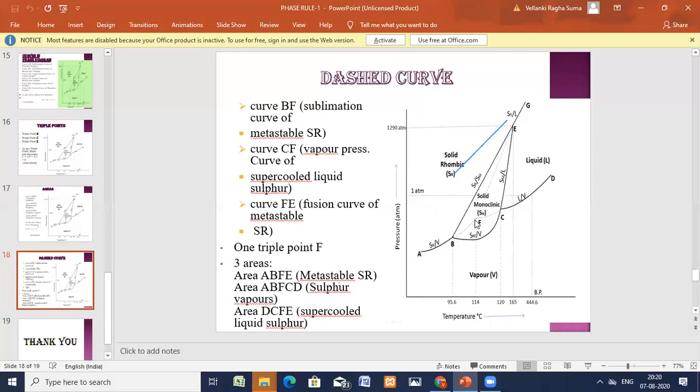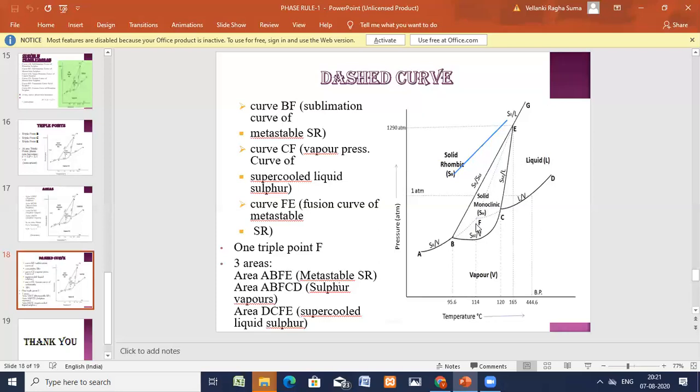Again, the CD extension, CF, the supercooled liquid of the sulfur. Now this GE on extension, you are getting one more curve, that is the EF curve. The EF curve is a fusion curve of the metastable rhombic sulfur.